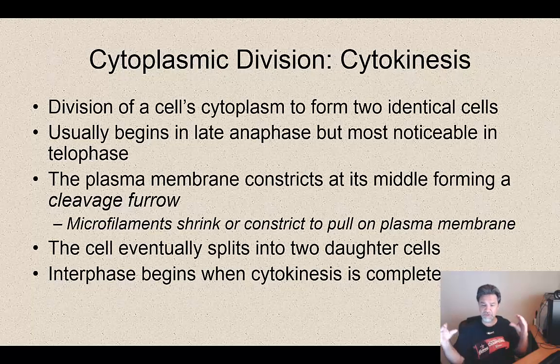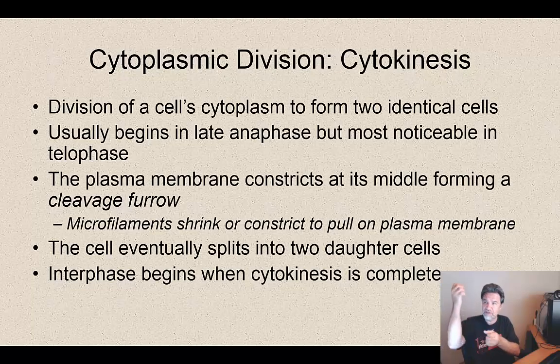So what develops is this structure called a cleavage furrow, and this is all regulated by those microfilaments. Remember those? They ringed around right against the edge of the cell membrane, those cytoskeletal elements. And what happens is there are anchors that extend from them into the cell membrane. So during cytokinesis, those microfilaments, they're like a lasso, will begin to shrink.